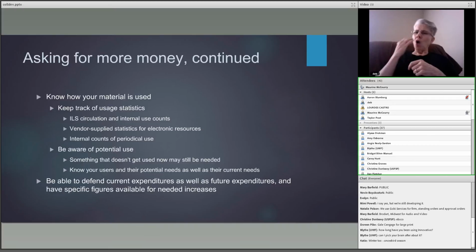You need to be aware also, though, of potential use. So this goes back to knowing, at an academic library, what's being taught. That will give you an idea of how something might be used.